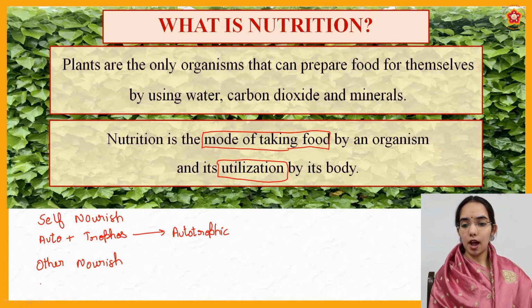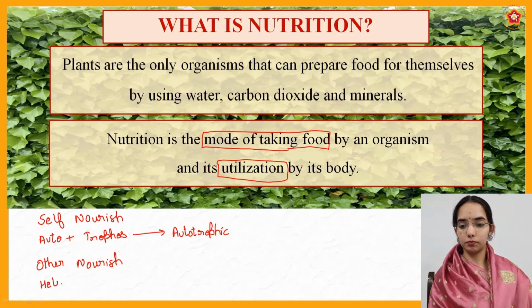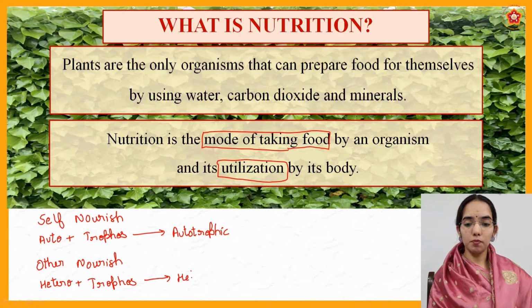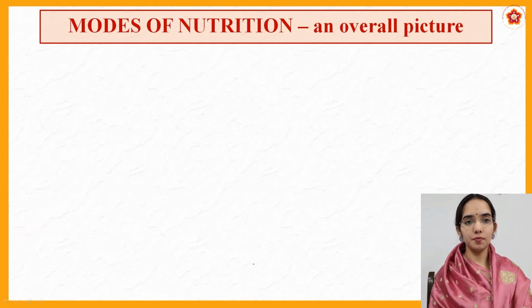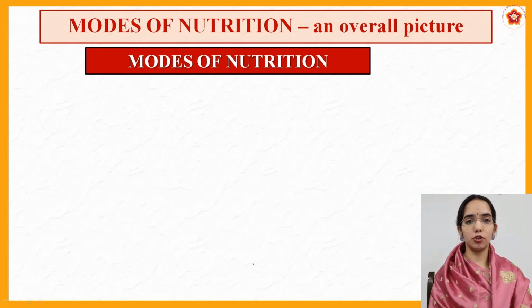Another term for other is hetero. And likewise, as we have studied above, trophos is the term for nourish. So we follow heterotrophic mode of nutrition.